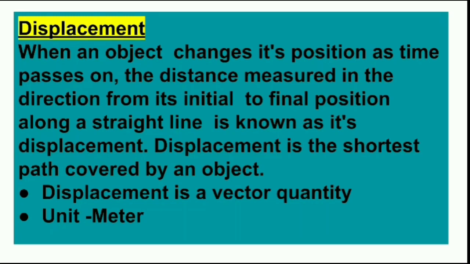Displacement is a vector quantity because displacement has both magnitude as well as direction, and the unit of the displacement in SI is meter and in CGS is centimeter. Okay.